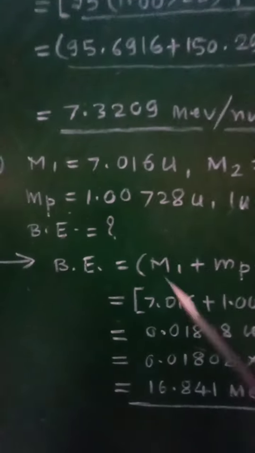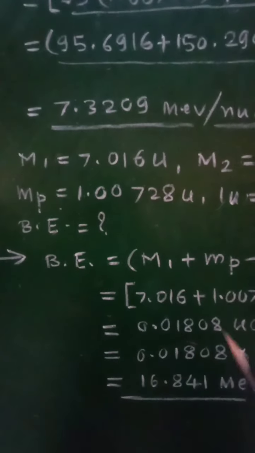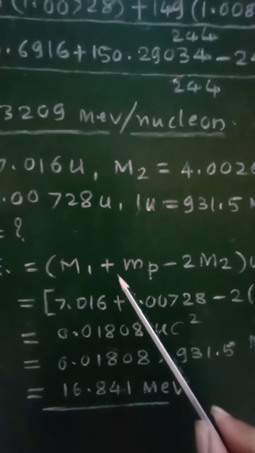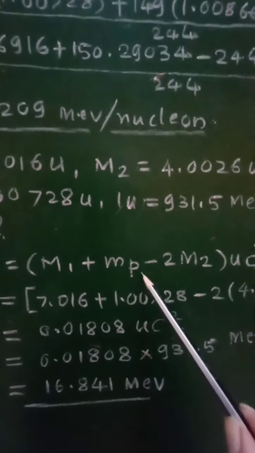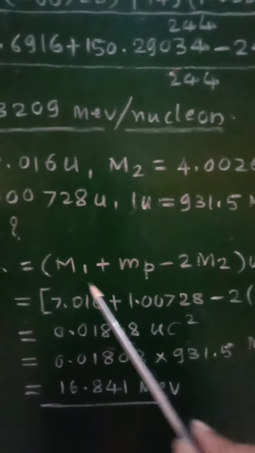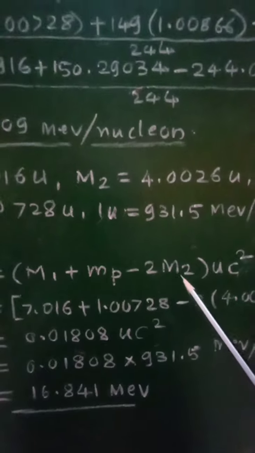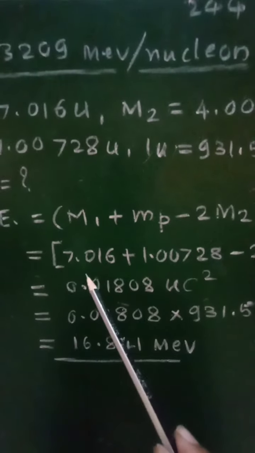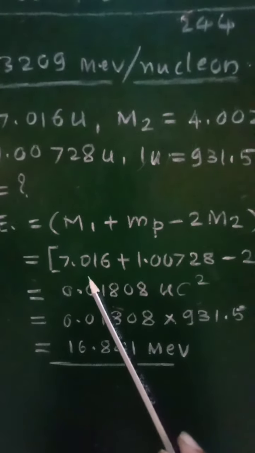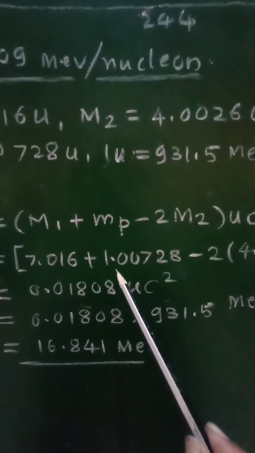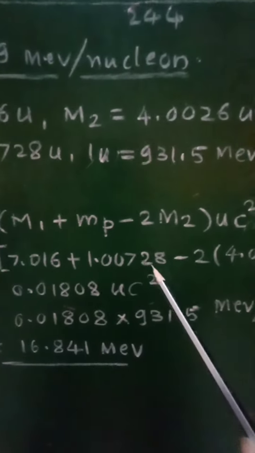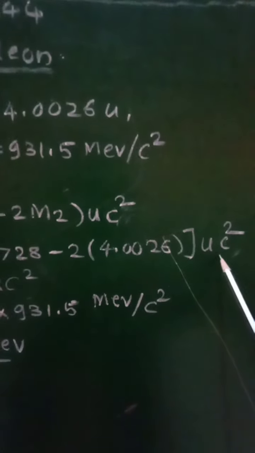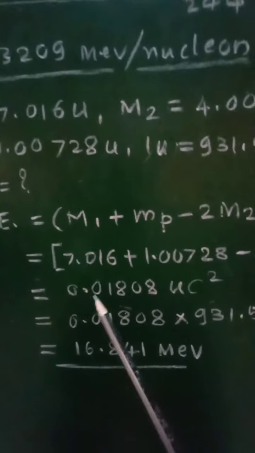Then the binding energy we have to calculate, and that binding energy, delta M C square, will be given as (M1 plus MP minus 2 M2) U C square, that will be equal to (7.016 plus 1.00728 minus 2 into 4.0026) U C square.